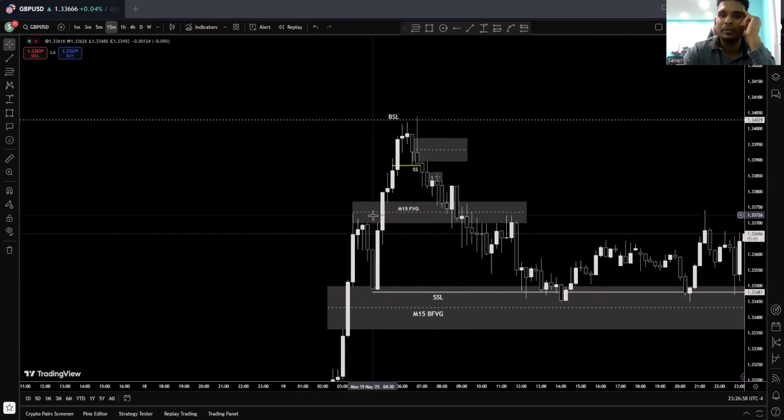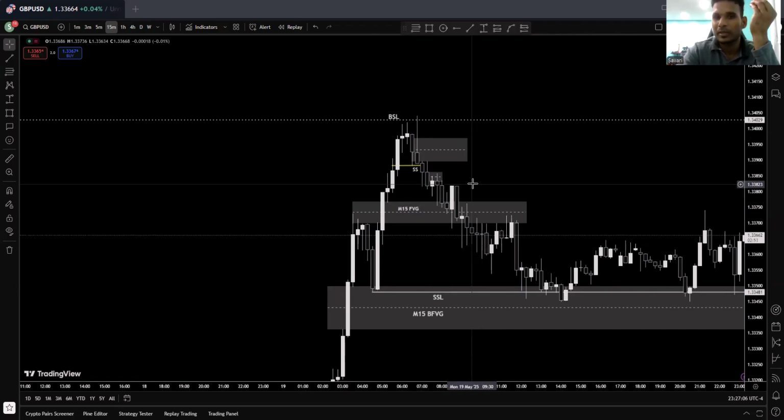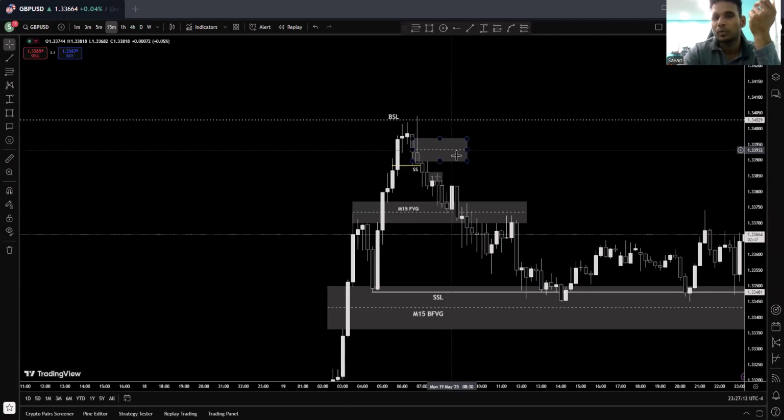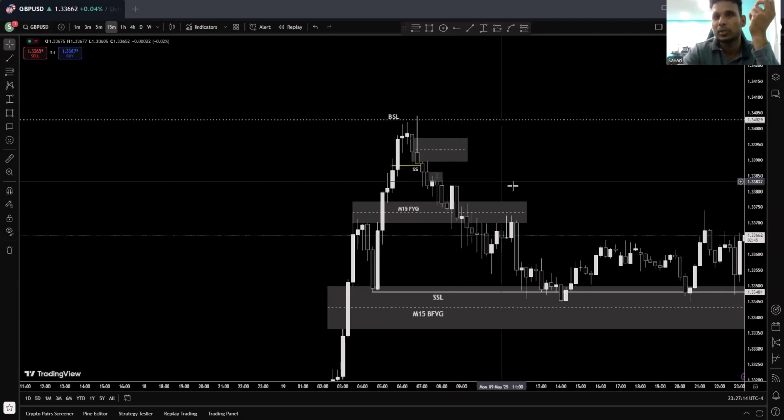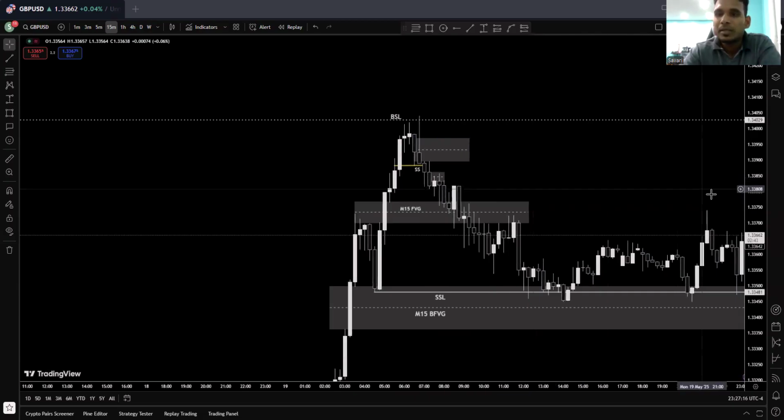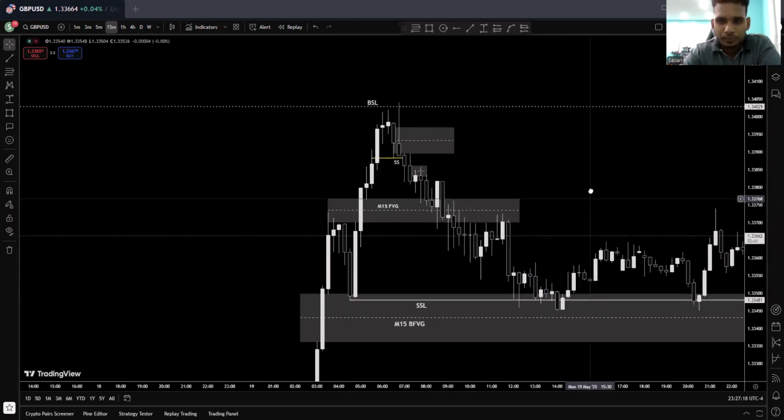The reason why: the fair value gap is getting flipped. So I don't like to see any candle close above this. Whatever position you are in, you can move your stop loss to this point. This is going to be the optimal place to trail your stop loss.